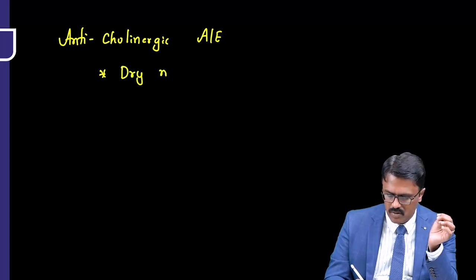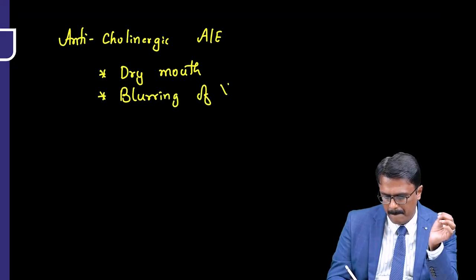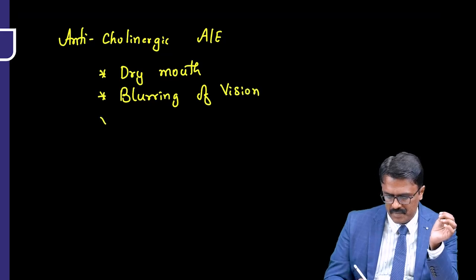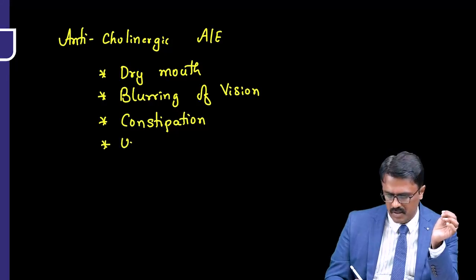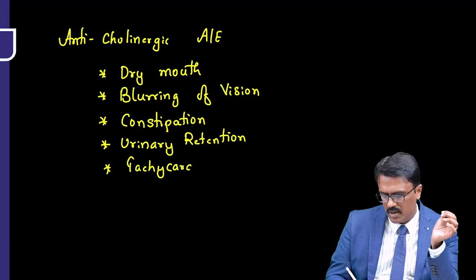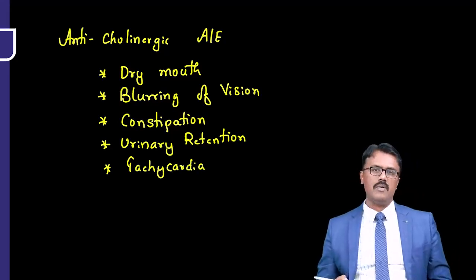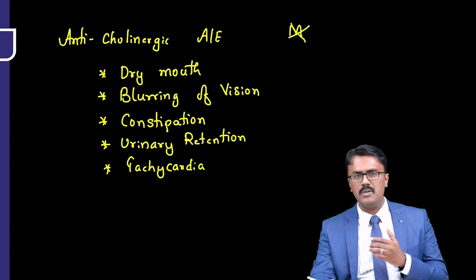Patient will have dry mouth, then in the eye, blurring of vision, then constipation and urinary retention, and tachycardia. Tachycardia can also lead to arrhythmias. So these are the problems with anticholinergics. So in future, if I tell a drug blocks muscarinic receptor, that means you should remember these are the adverse effects.